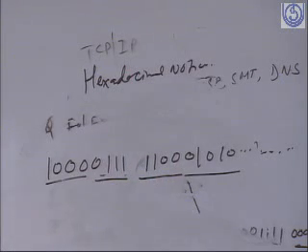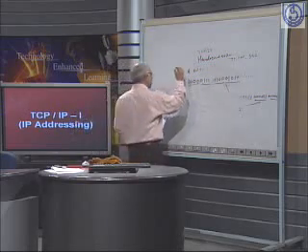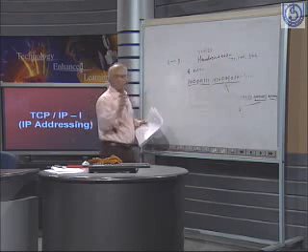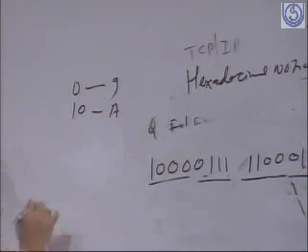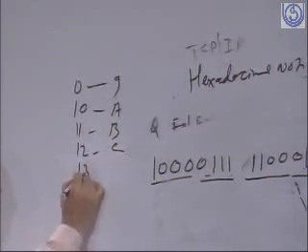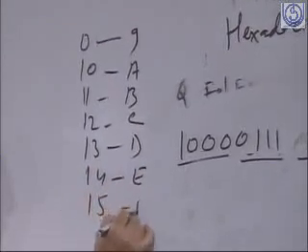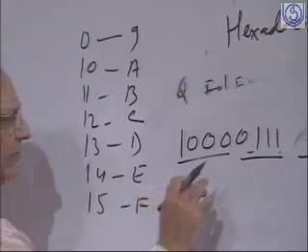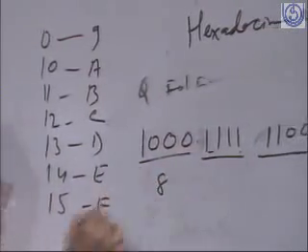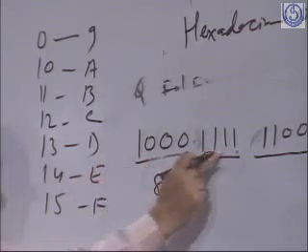Now, how does hexadecimal move? It goes from 0 to 9, just like decimal. Then 10 is your A, 11 is your B, 12 is your C, 13 is your D, 14 is your E, and 15 is your F. So for example, just for your understanding, in this 8 hexadecimal, the first 4 bits give 8, because this is 8, and this is 15.